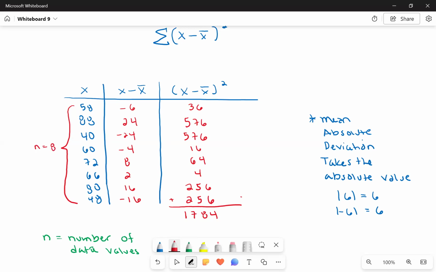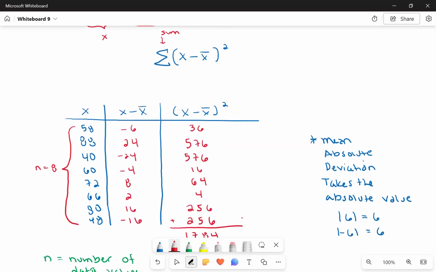But the formula actually doesn't do that. The formula actually divides by n minus 1. I'm not going to get into why. It's not really important. It does have to do with the fact that there are 2 different types of standard deviation, but n minus 1, it's fine.